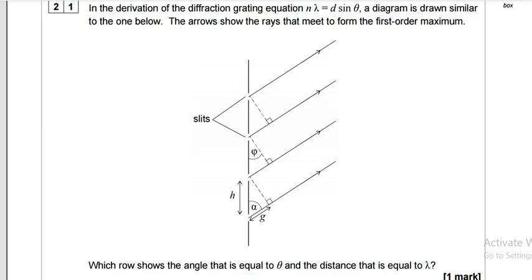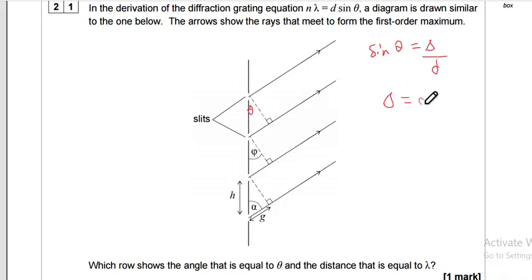So we should remember how we get the relation n lambda equals d sine theta. It was equating the path difference between two rays to n lambda, and this path difference is this distance here. So it was this angle theta, and to get this distance in terms of theta by trigonometry, sine theta equals the path difference delta over the hypotenuse here, which is the distance between the two slits, which is d.